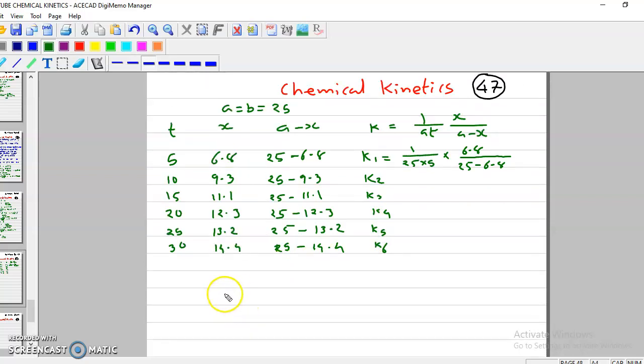And if you get K1 is almost equal to K2 is almost equal to K3 is almost equal to K4 and so on, then we can say that the reaction follows second order.